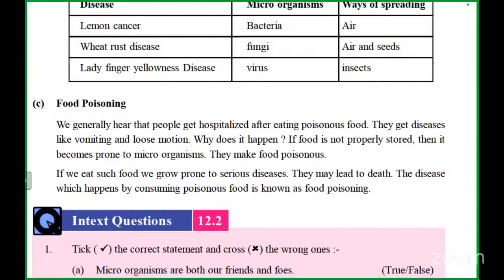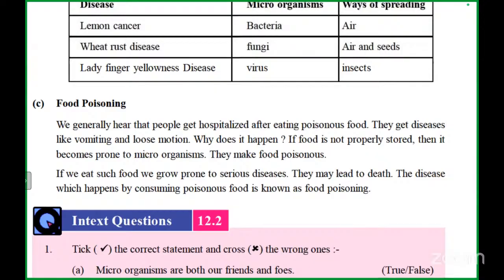If somebody eats that spoiled food, they may get food poisoning. We become prone to serious diseases. The disease that happens by consuming poisonous food is called food poisoning.